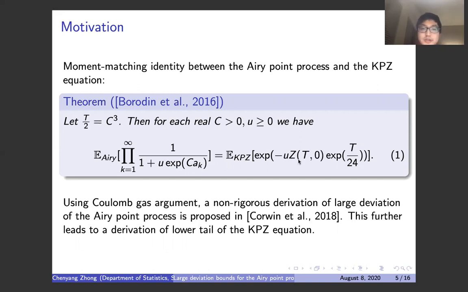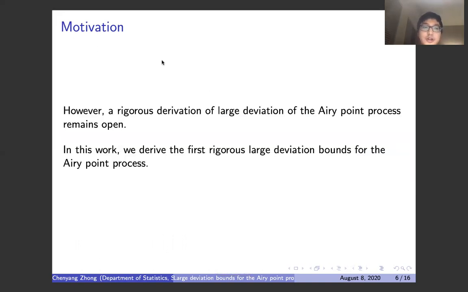So based on this moment matching identity and the large deviation of the Airy point process, a derivation of the lower tail of the KPZ equation is obtained in the same paper. However, a rigorous derivation of large deviation of the Airy point process remains an open problem. And in this work, we will derive the first rigorous large deviation bounds for the Airy point process.